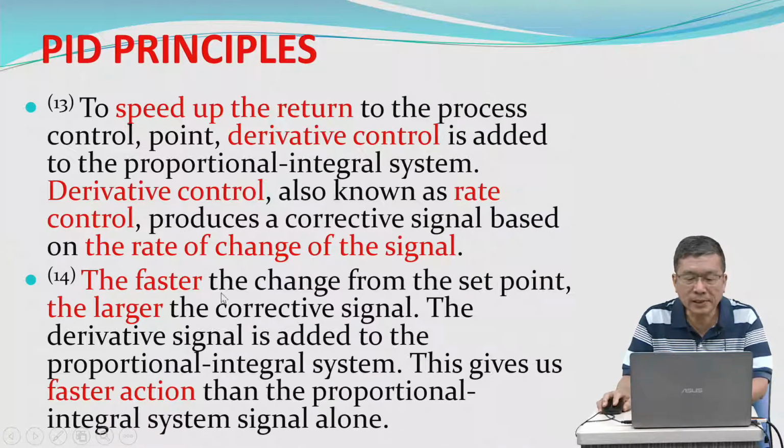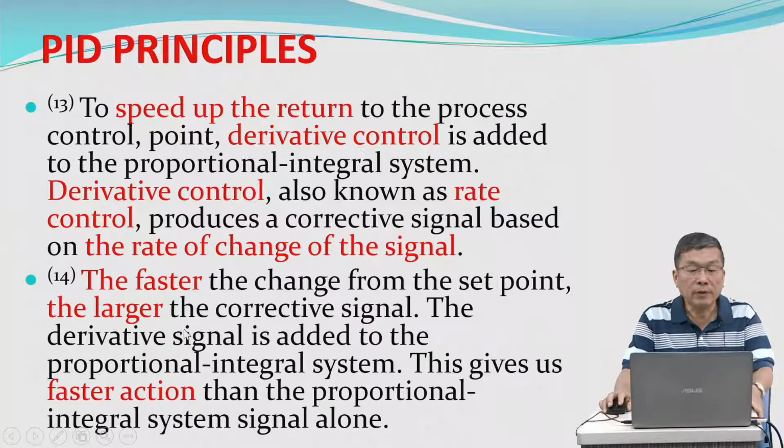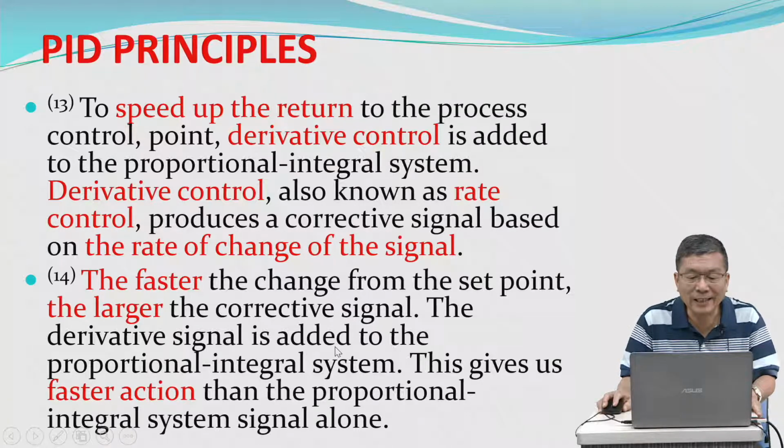The faster the change from the set point, the larger the corrective signal. The derivative signal is added to the proportional integral system. This gives us faster action than the proportional integral system signal alone.